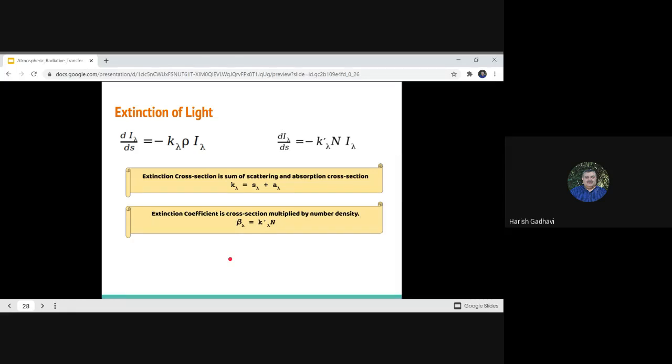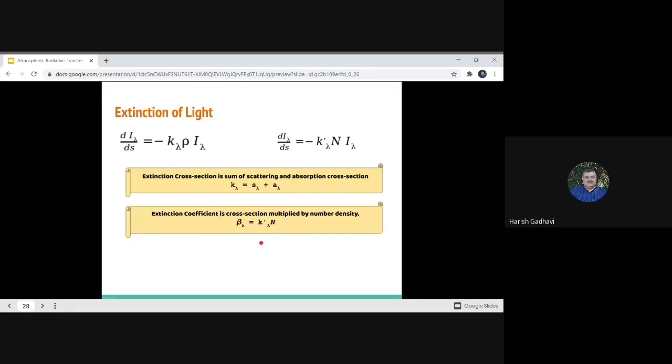But if you are doing radiative transfer for astronomy or energy calculations, you are not interested in finding out the cross section and concentrations. What you want to know is how much radiation is reduced, and if you substitute beta, the extinction coefficient, instead of the cross section, it makes your life a little easier.